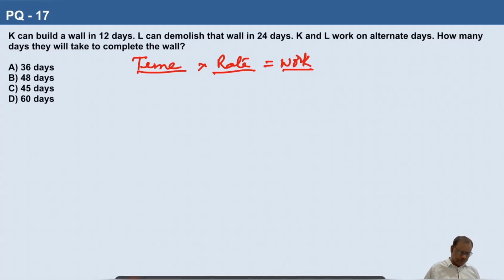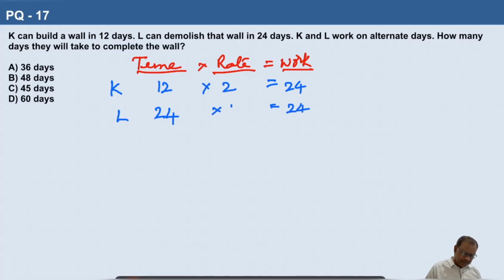So we have two people here, K and L. K will take 12 days to build the wall. L will take 24 days to demolish the wall. So LCM is 24. 24 is divisible by 12 two times and by 24 one time. K and L are working on alternate days.